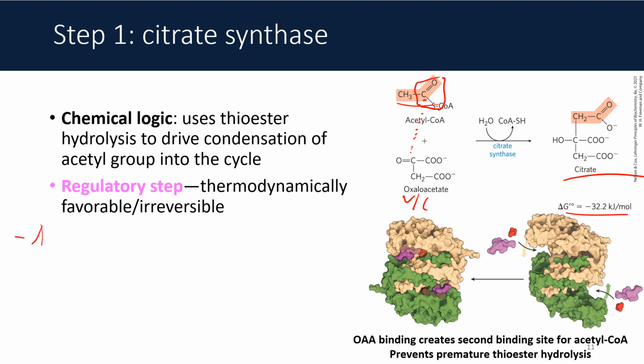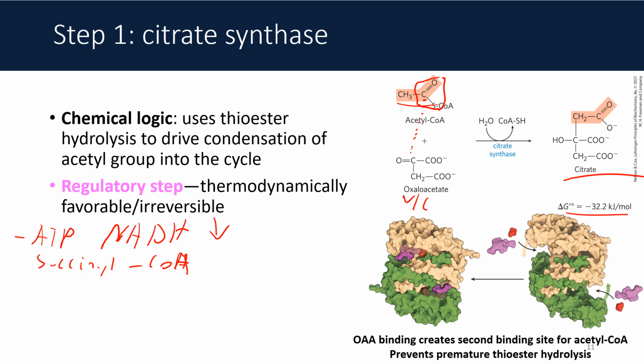ATP and NADH always indicate that we are in a state of energy abundance. Deactivate the enzyme, slow down the citric acid cycle. Additionally, acetyl-CoA, which is a product of a later stage in the cycle, will also shut down citrate synthase.